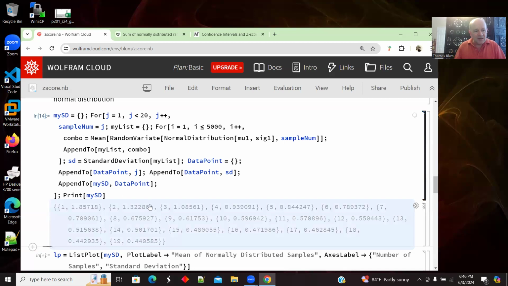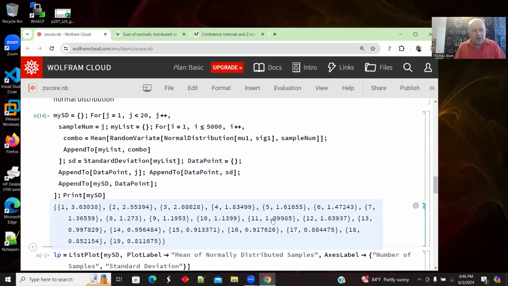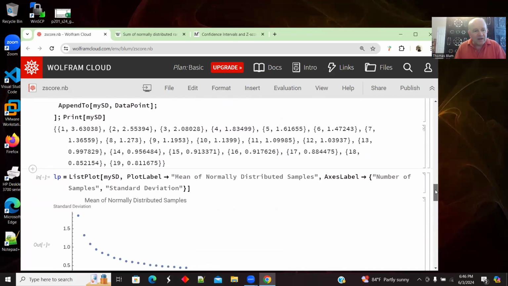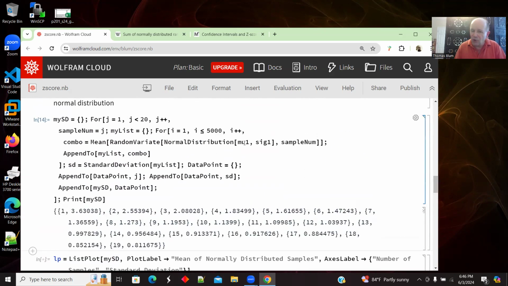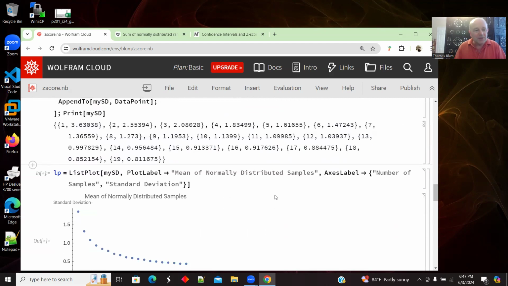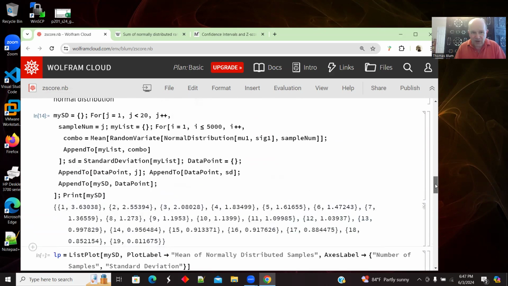So run that, and I still have my random mu and my random sigma, so I don't want this to depend on anything in particular. I ran through that, and this was one sample. What was the average standard deviation? What if there were two samples? What was my average?